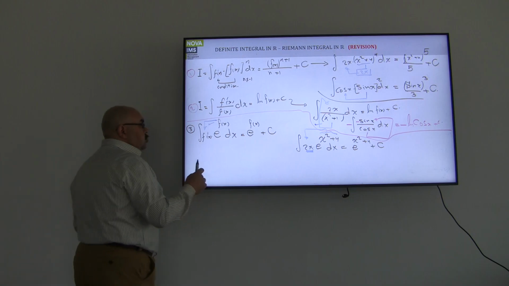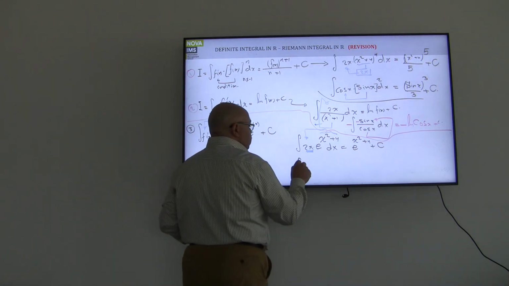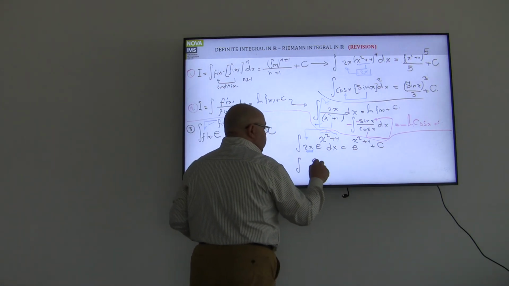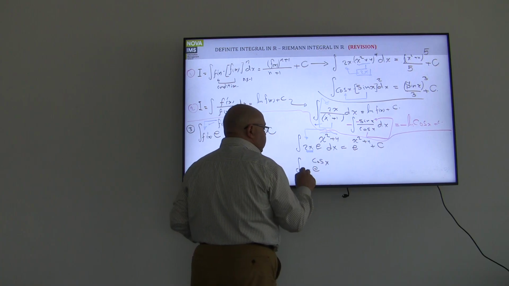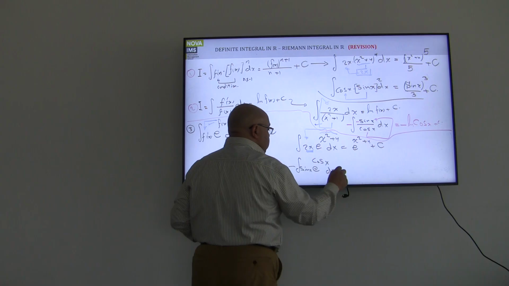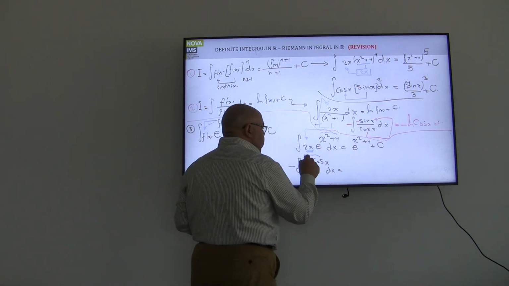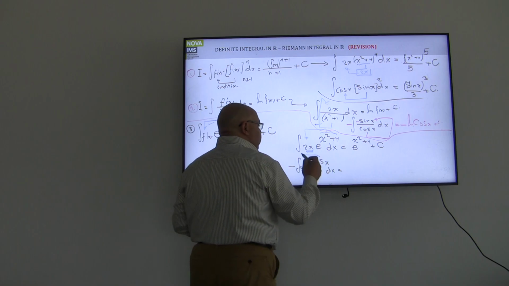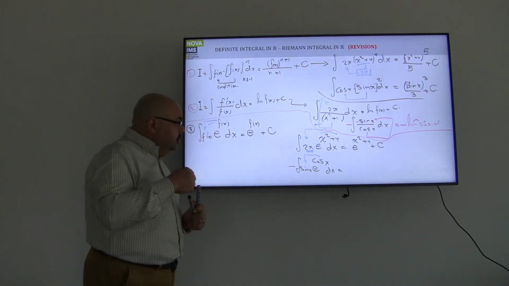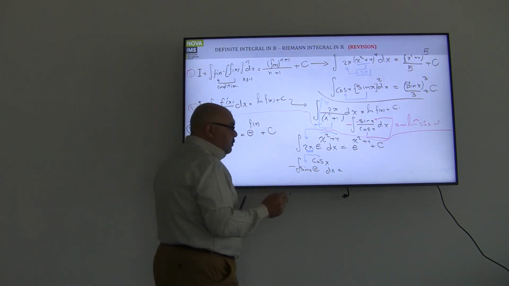Also, if I want to integrate e to the power of cosine of x times negative sine of x with respect to x, you will remark that the condition that the derivative of the power already exists is met, and so the integration will be really simple.